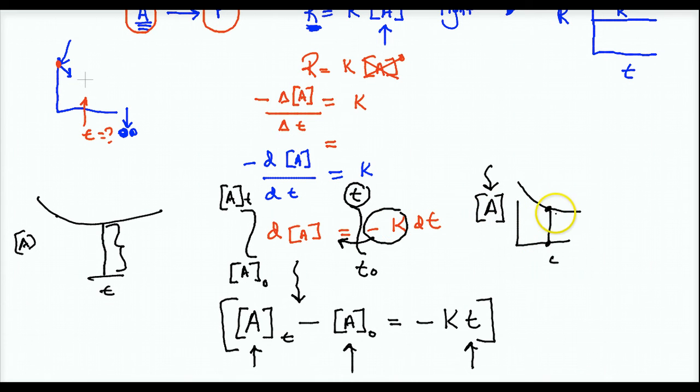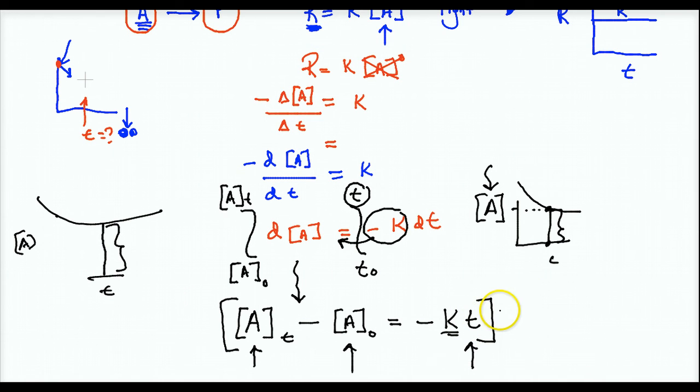I find exactly what A equals at this slice of time if I know how the slope is changing over time. So now I can solve for time if I know the initial concentration, the final concentration, and the rate law constant. I know how much time it takes for it to go down.